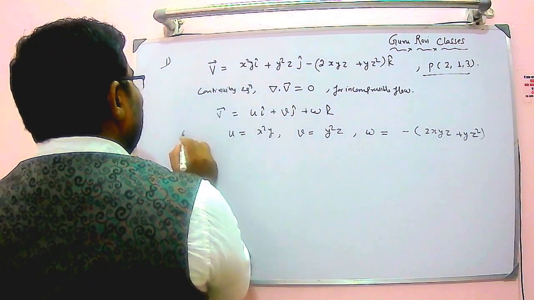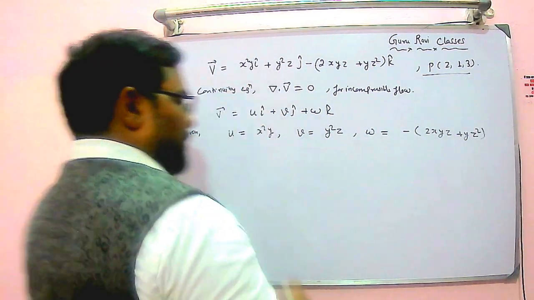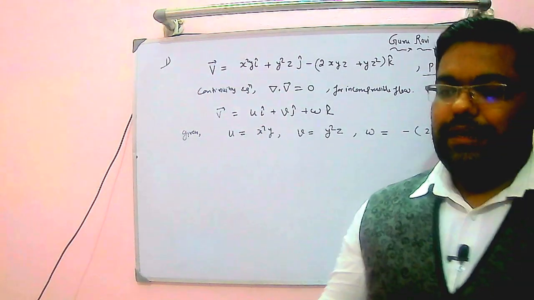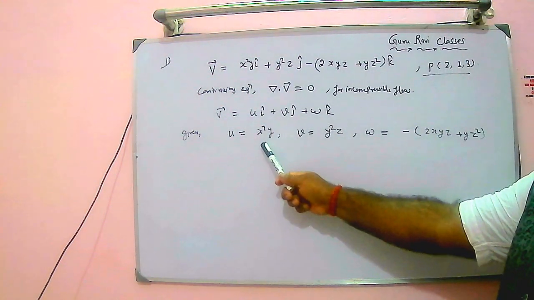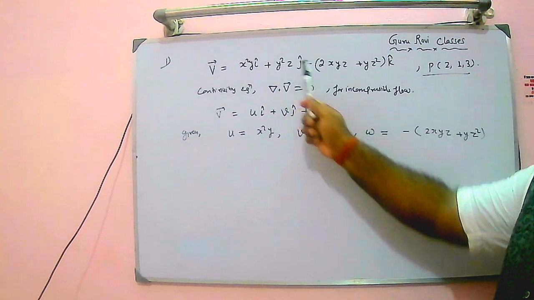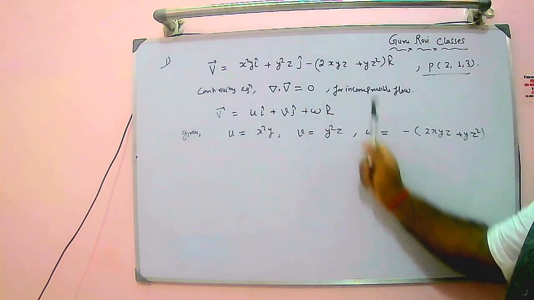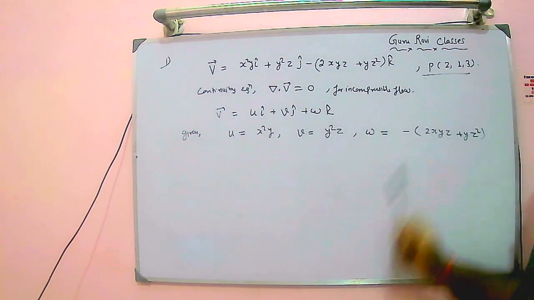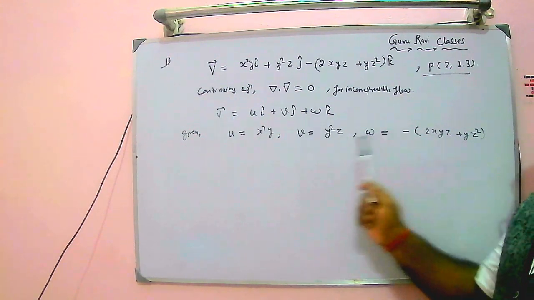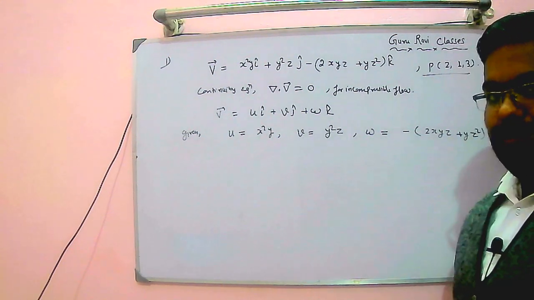This is given already from there. These are the velocity components along the x, y and z directions.